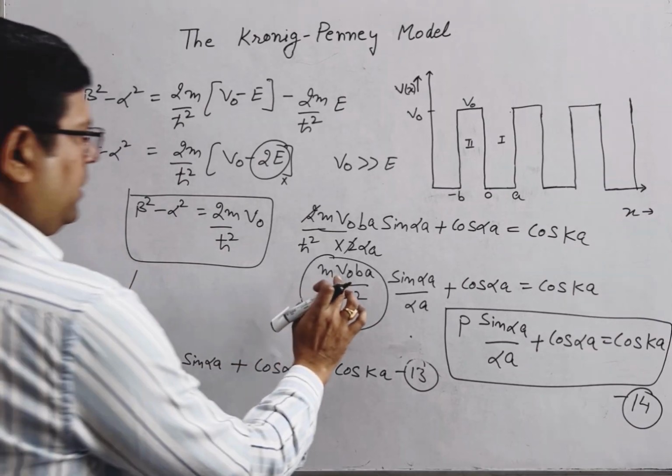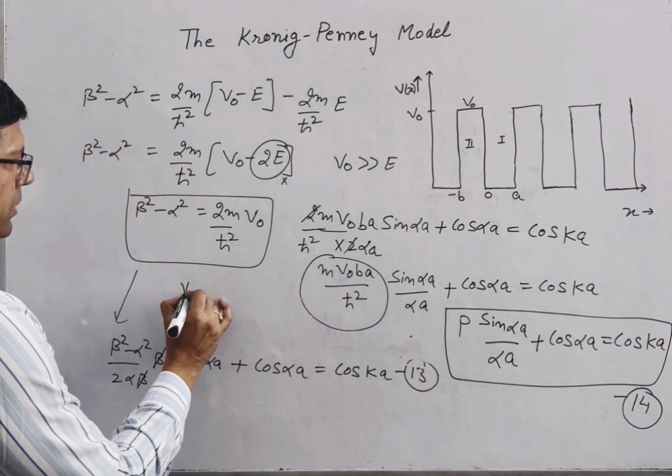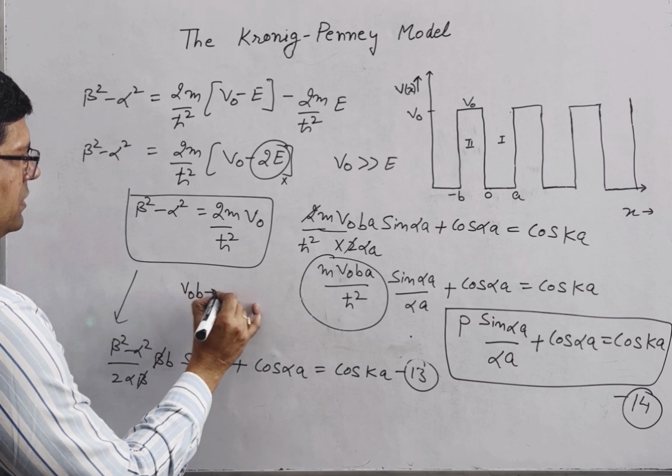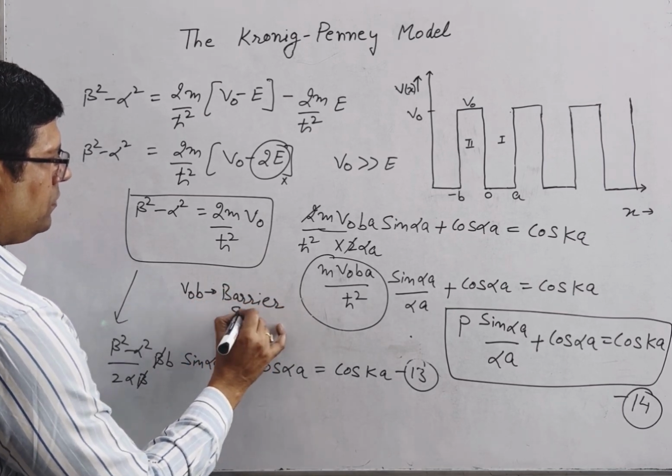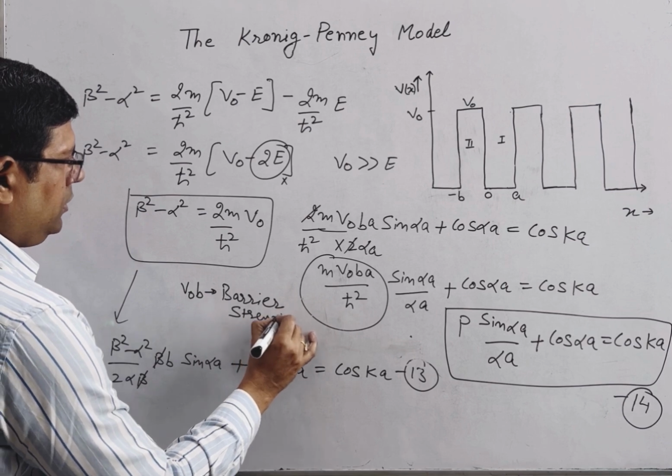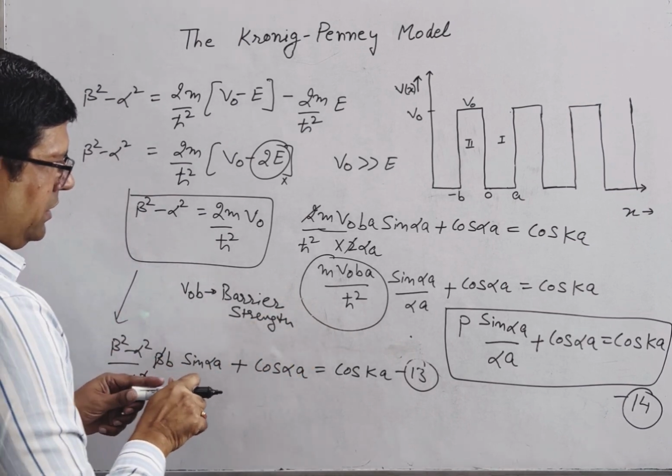In this equation, this V naught b is termed as barrier strength.